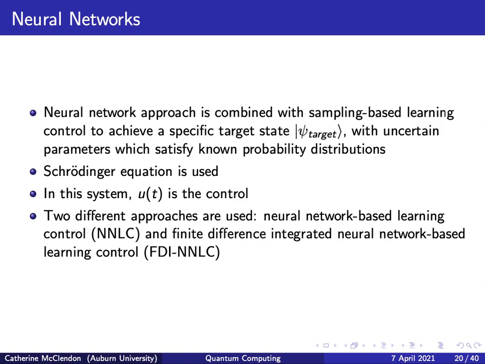In this system, U of t is the control which drives the system from its initial to the final state. Two different approaches are used, and I will go over them in more detail, but the two approaches are neural network-based learning control, which I will refer to as NNLC, and finite difference integrated neural network-based learning control, FDI-NNLC.